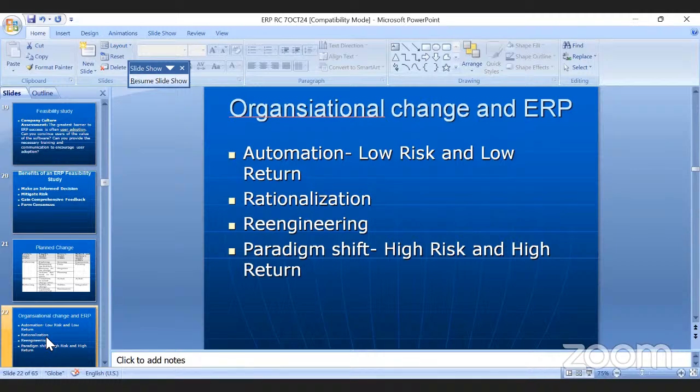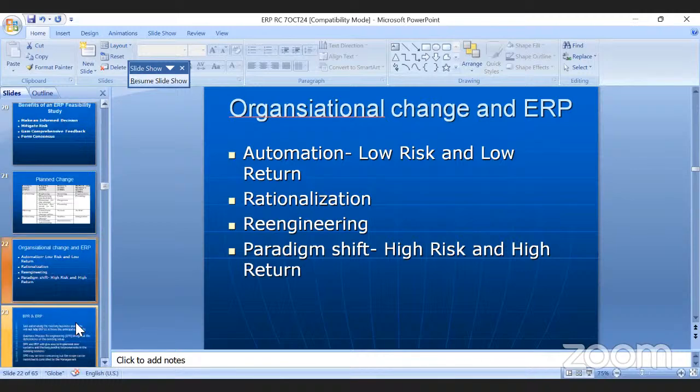Lastly, the paradigm shift. Paradigm shift is completely quashing the old one and making a new one. No old things exist; everything is new, a complete takeover, redesigning and restructuring the organization to get the new one. That is paradigm shift.